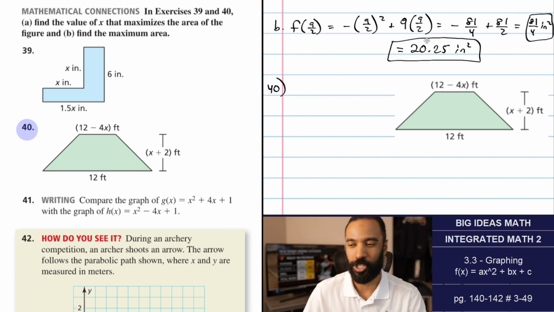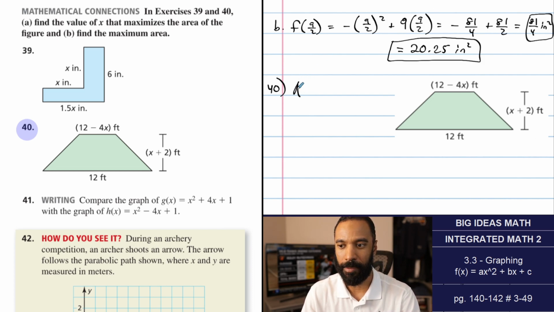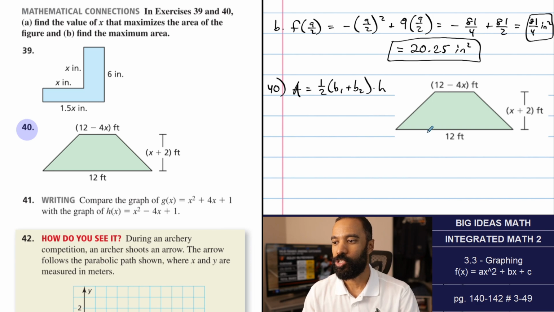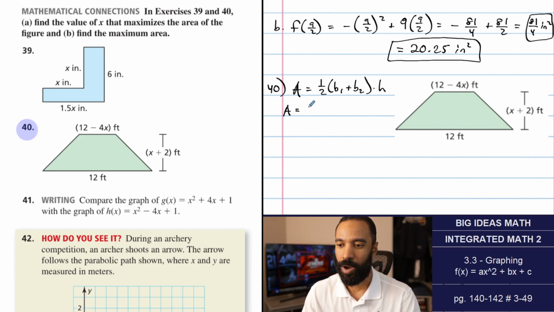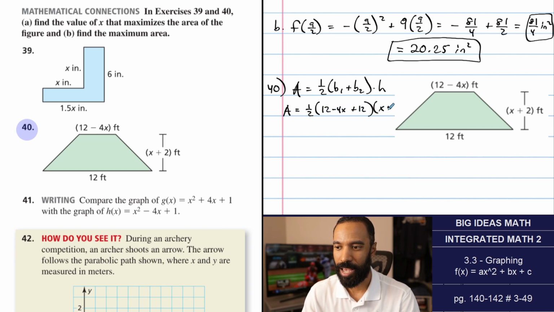So the area of a trapezoid to begin with, by the way, I'm not saying you shouldn't know it, we didn't talk about it before, is you average your bases and you multiply by your height. So here's a base, here's a base. So we're going to take 1/2 of 12 minus 4x plus 12, this plus that, times the height, x plus 2.